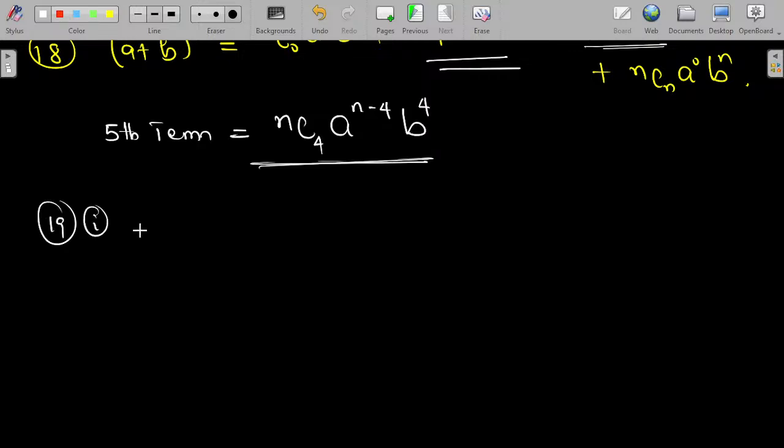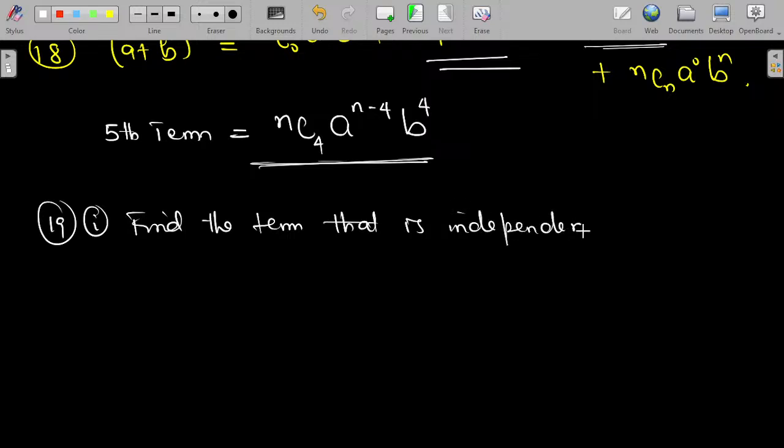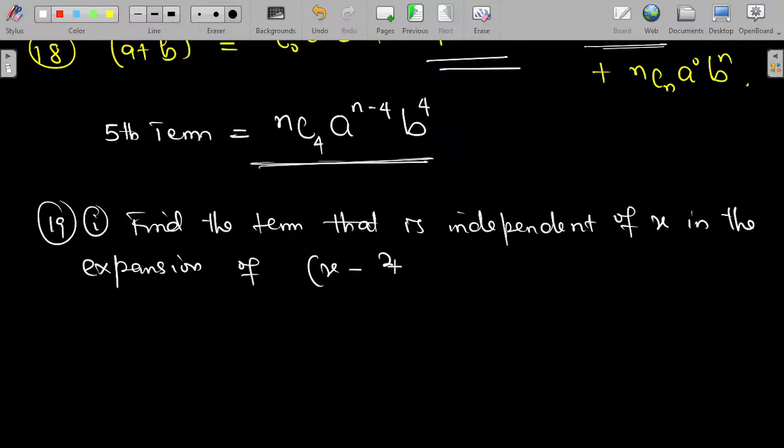The first one says, find the term that is independent of x in the expansion of x minus 2 over x all raised to the power of 8.